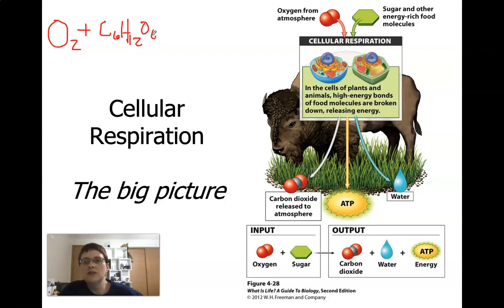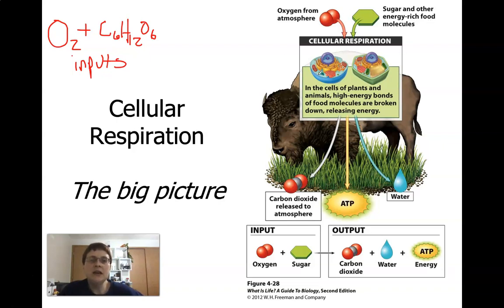C6H12O6. Remember that's sugar. So these are the inputs. We're going to get oxygen from the air, so breathing it in, and you get sugar and other molecules. We'll see what other molecules can be used for this process later on.